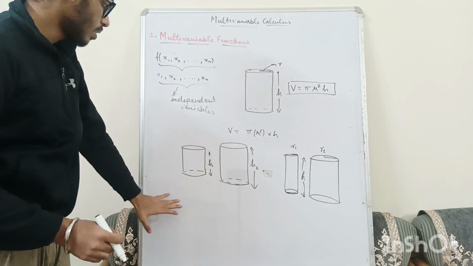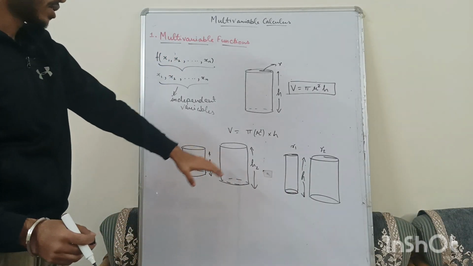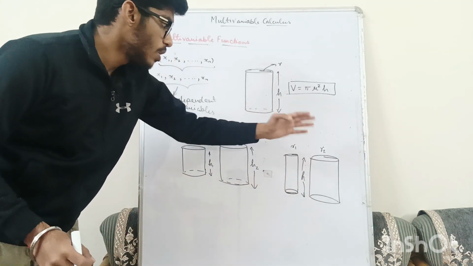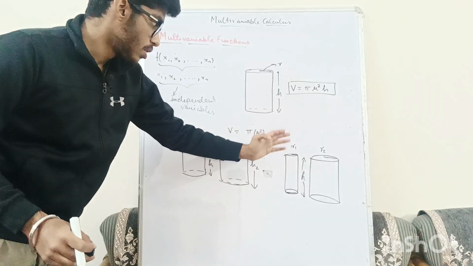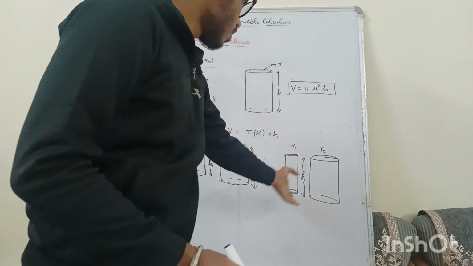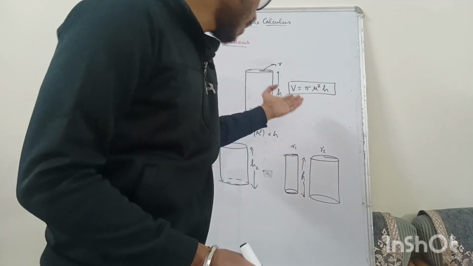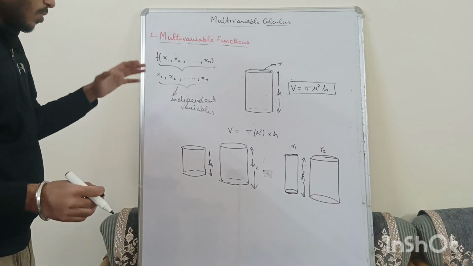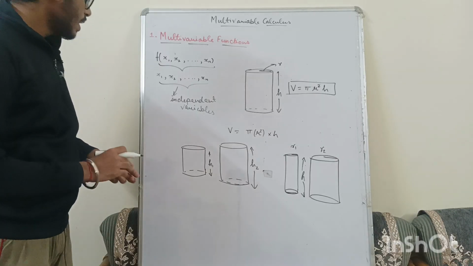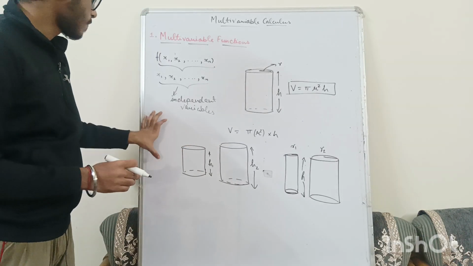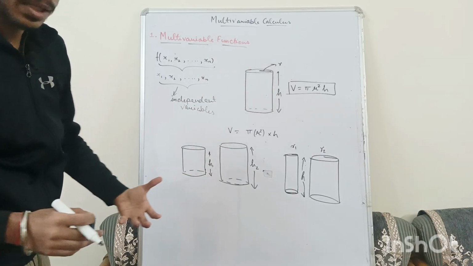So if you pour water in these two cylinders, they will not occupy the same volume, because both cylinders will not contain the same volume of water, because they are having different radius, right? So using this idea we can clearly define our multivariable functions as a function which is dependent on more than one variable.